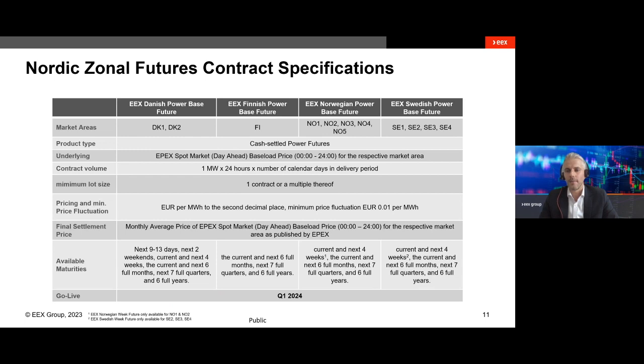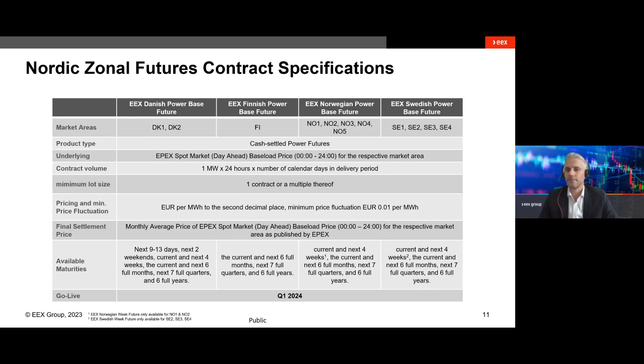So I'll take it back with the team here that we could publish the product codes already before the go live date, to allow market participants to implement the new products in your internal systems as soon as possible.